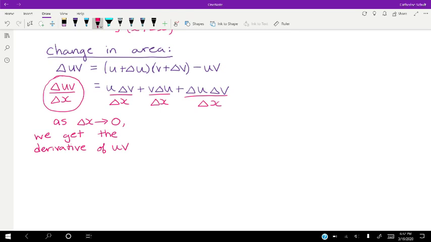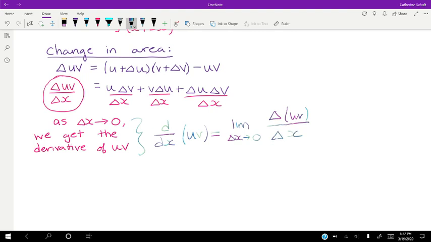We would write that in mathematical terms. We would say that the derivative of uv is equal to, if we want delta x to approach 0, that's a limit. So we're going to take that limit of the change of uv over the change of x.